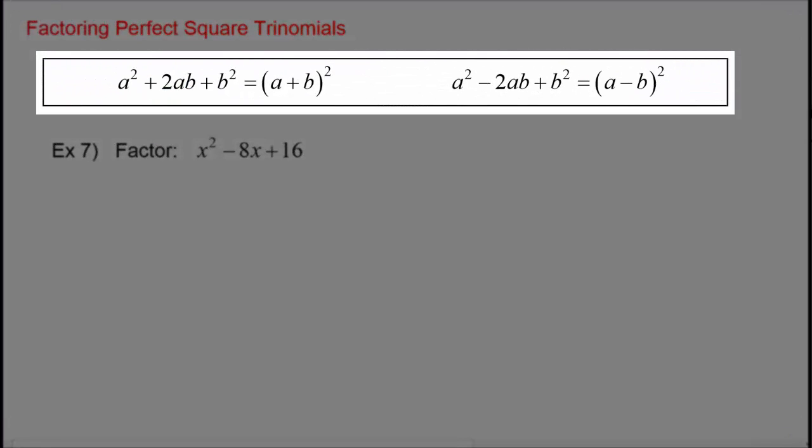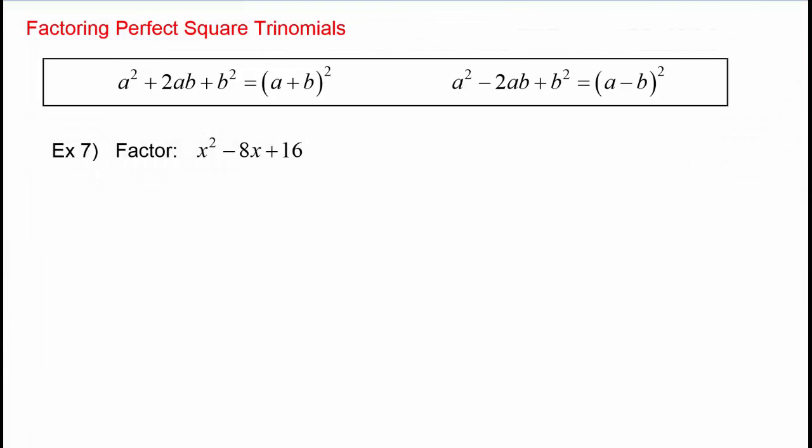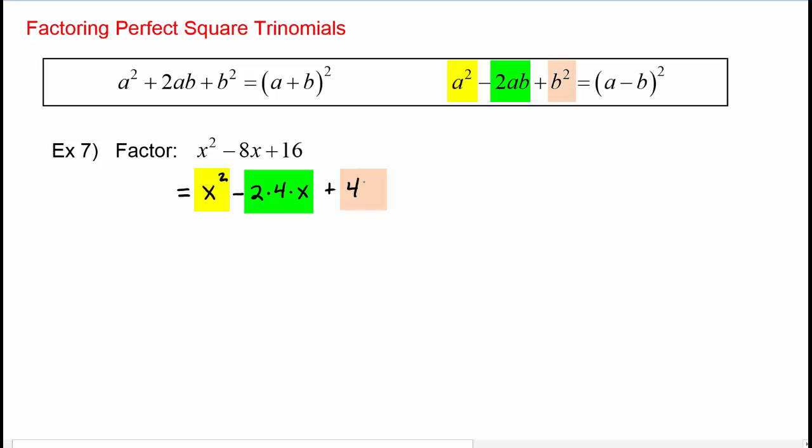In the next two examples, we review factoring perfect square trinomials. Looking at example 7, we have x squared minus 8x plus 16. And this could be rewritten as x squared minus 2 times 4 times x plus 4 squared.